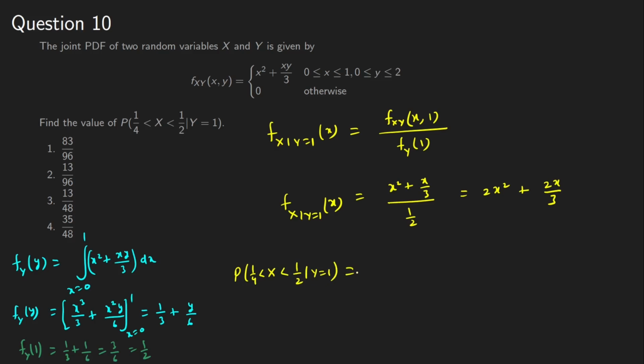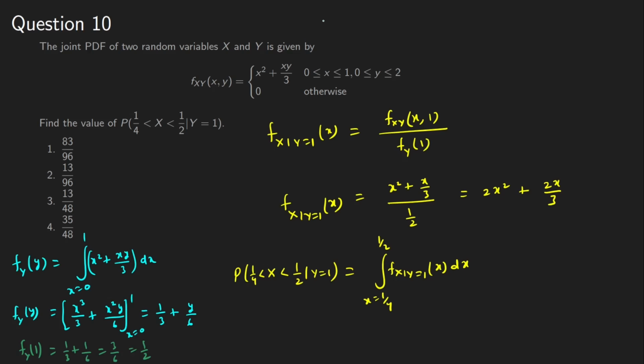It will be nothing but the integration of this conditional PDF, f_X given y equals 1, dx. We will integrate it with respect to dx, obviously, from x equals 1 by 4 to 1 by 2.